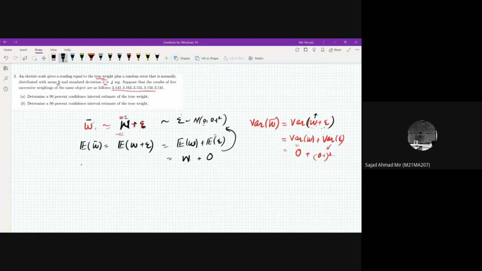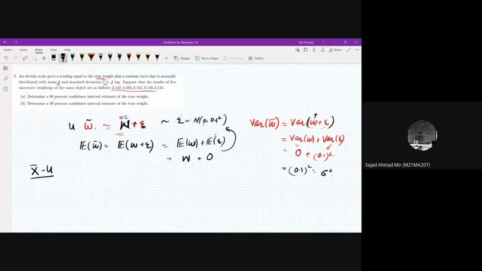So the variance of W bar is also 0.1 square, and my sigma square is actually the same as for this error distribution. Now for x bar minus mu, I have to construct the confidence interval for the mean true weight, which I am saying, instead of here W bar, wait, this was just kind of this.